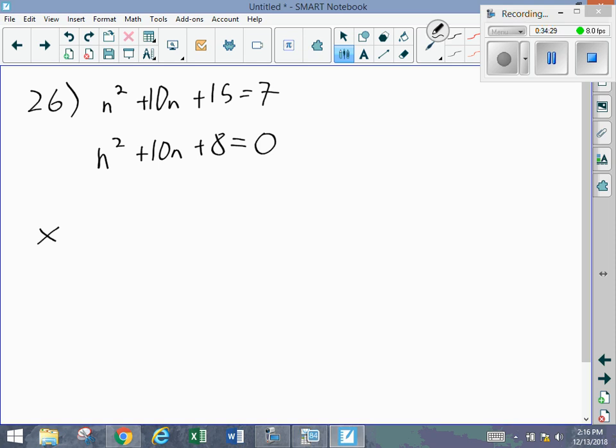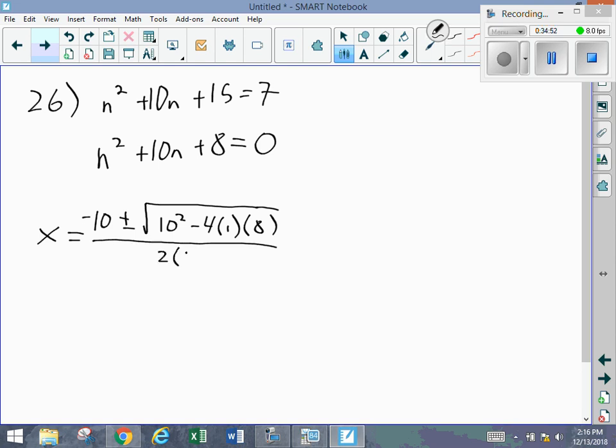Which means that the good news is I've got this thing called the quadratic formula. Opposite of b, plus or minus the square root of b squared minus 4 times a times c, all divided by 2 times a, which is equal to negative 10 plus or minus the square root of 100 minus 32, all divided by 2.